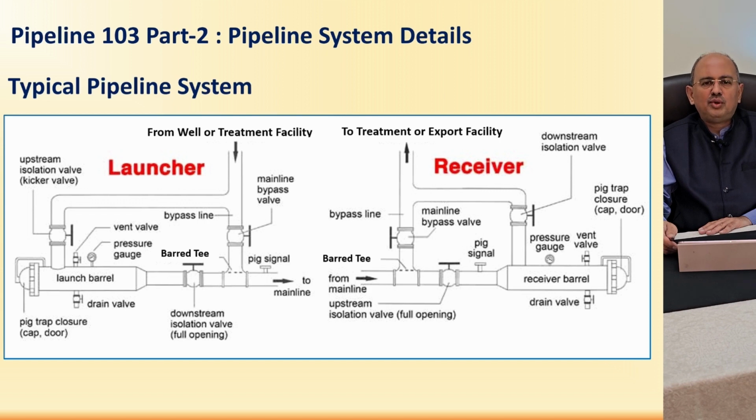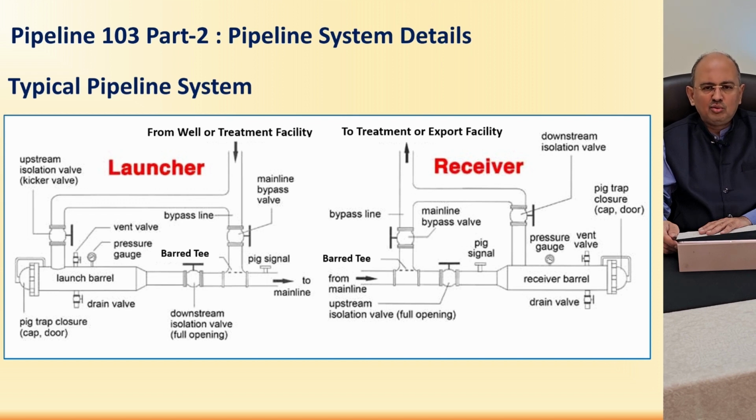But to be able to insert the pig, you can't stop the operational flow of the pipeline so frequently. Otherwise you will have stoppage or intermittent disturbance in your flow, which is not an ideal situation. So what is done is the pig is pushed with the same service fluid which the pipeline is transporting.